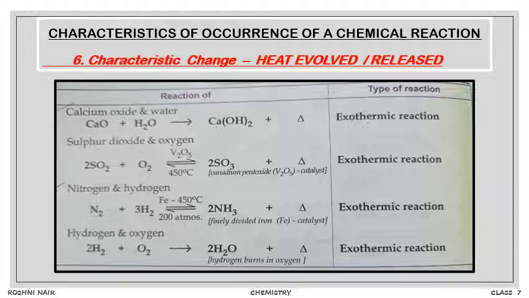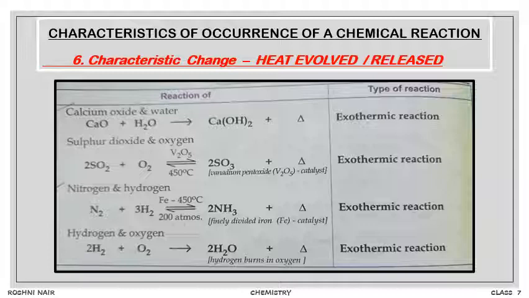Another example is SO2, sulfur dioxide. When it reacts with oxygen, with V2O5 and 450 degrees centigrade as heat. V2O5 is again a catalyst, we can say. And what is the product here we are getting? 2SO3. V2O5 is used as a catalyst.